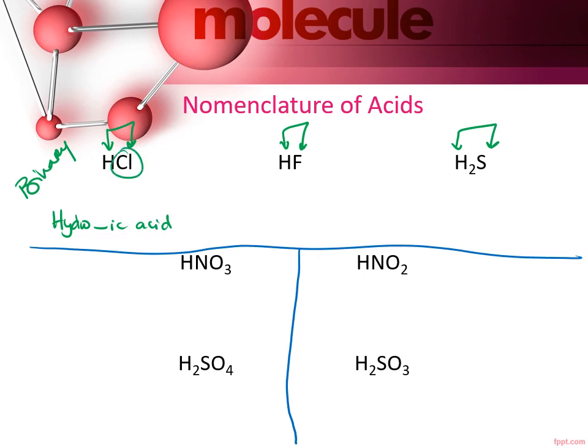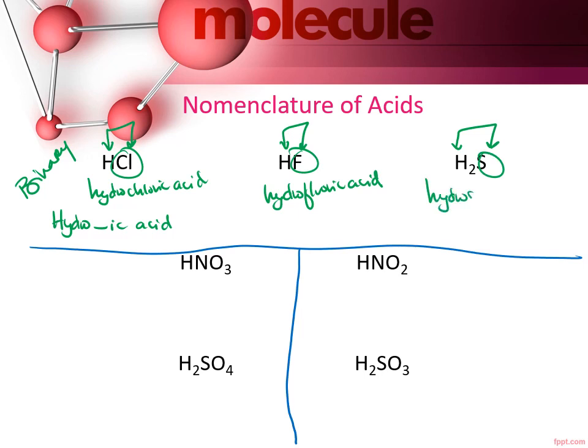Since I've got chlorine here, this is going to be hydrochloric acid. Since I have fluorine here, this is going to be hydrofluoric acid. Since I have sulfur here, this is hydrosulfuric acid. If it's binary, hydrogen and only one other thing, hydro-something-ic acid.